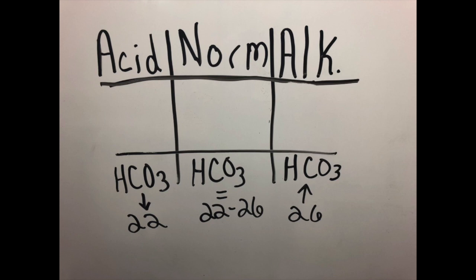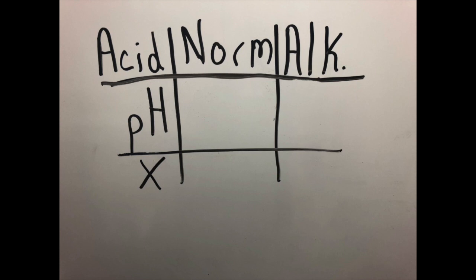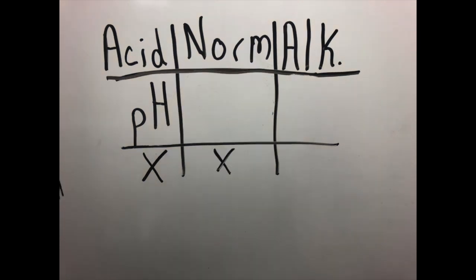Just looking at our pH, we know this is acidosis. Put that X there, that is what is causing acidosis. That middle X means there's no compensation for our acidosis.